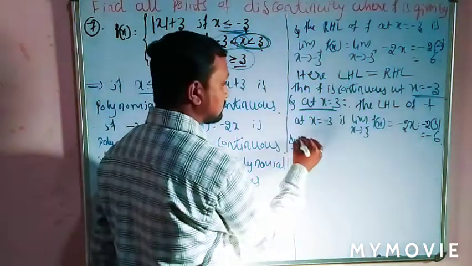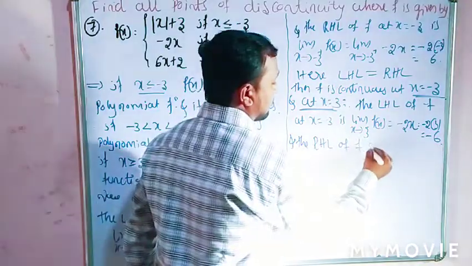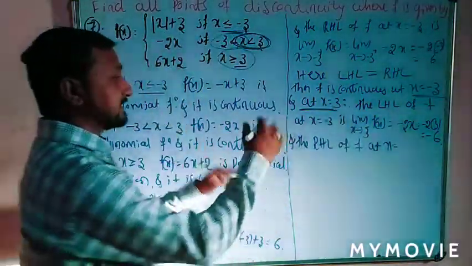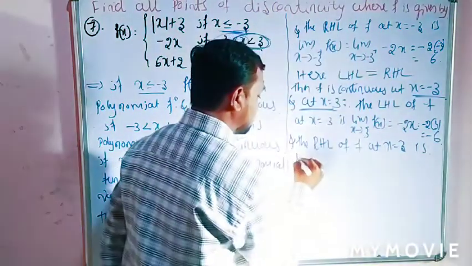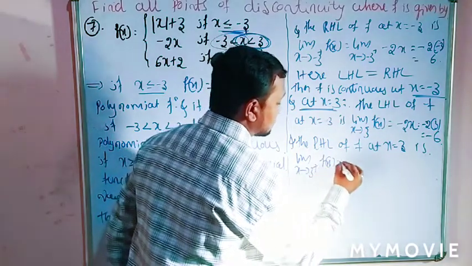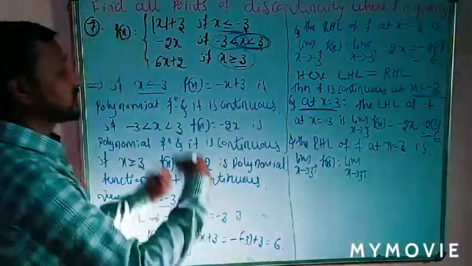And the RHL of f at x equal to 3 is the limit as x tends to 3 plus of f of x. What is your f of x corresponding to the RHL?